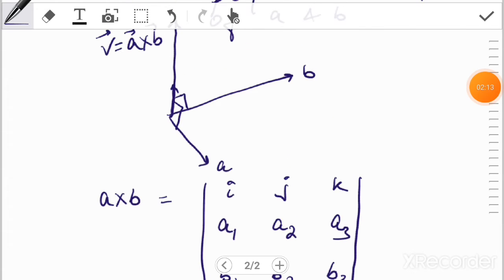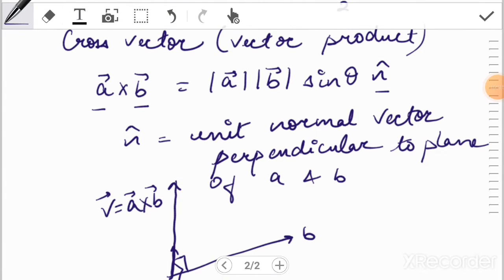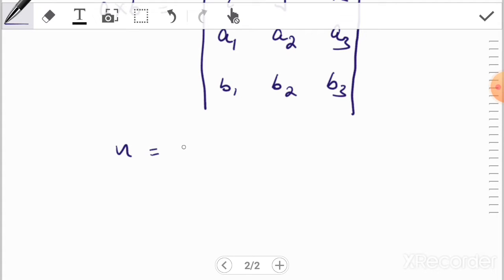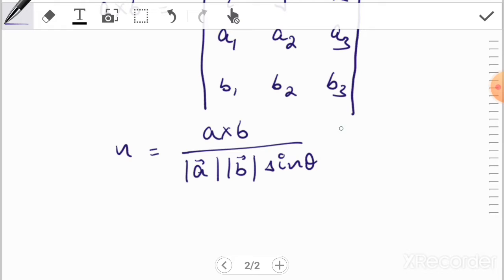So the unit vector perpendicular to two given vectors A and B is given by A cross B by magnitude A, magnitude B and sine theta, or you can write it as A cross B by magnitude of A cross B.